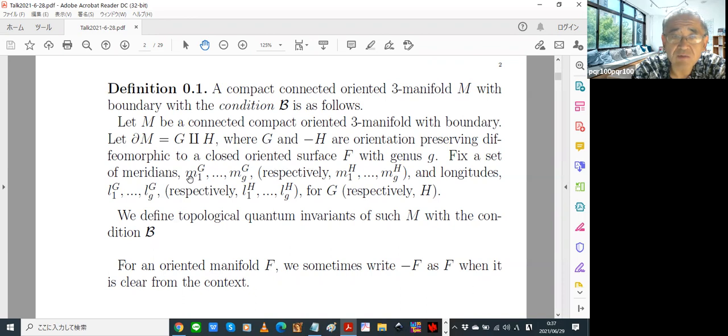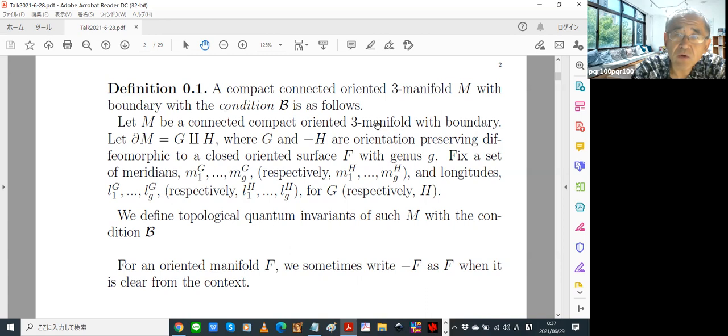Fix a set of meridians M1G, MGG, respectively M1H to MG, L1, L for G and H. That is, we fix meridian and longitude of G and H. We define topological quantum invariants of such M with the condition B. We sometimes write minus F as F when it is clear from the context.